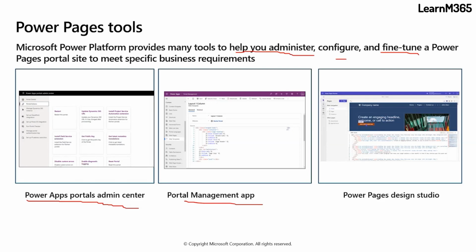And the final one which I'm talking about here, Power Pages Design Studio, which provides a WYSIWYG designer. We talked about it, WYSIWYG, right? What you see is what you get, to build and design custom Power Apps portals. So these are the tools which are given to us to work on the Power Pages.